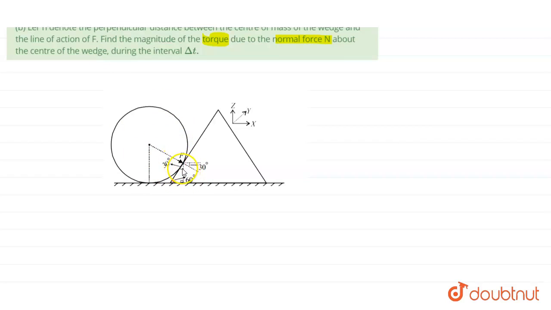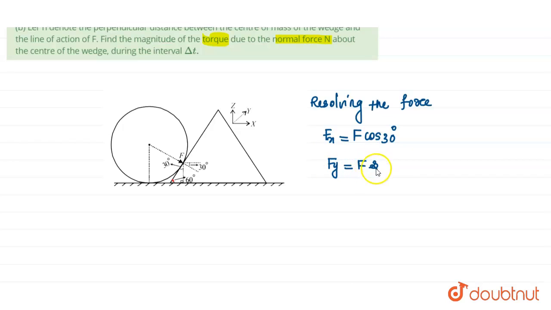So this is a figure for the impact. Then resolving the force, we can write Fx is equal to F cos 30 degree and Fz is equal to F sin 30 degree. Here the Z direction is another component of the force.